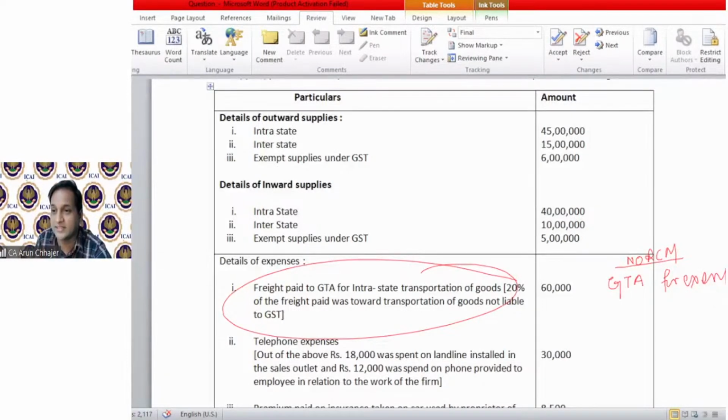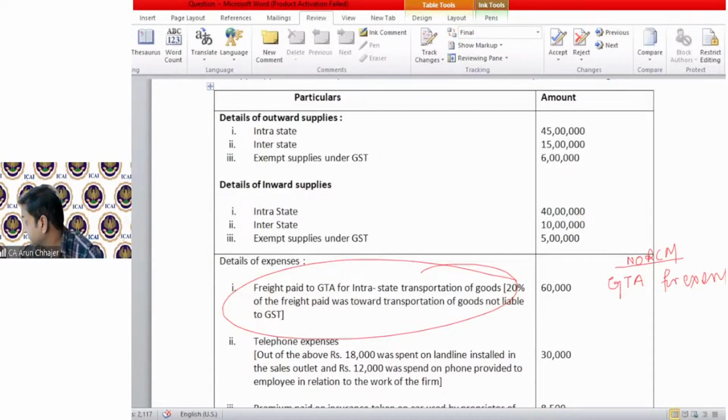But it says, if I am transporting the exempted item, there is no RCM liability. Let me make it clear. Repeating once again, if the freight payment is being made for movement of goods which are not liable to tax or which are exempt supplies, do I need to pay RCM?